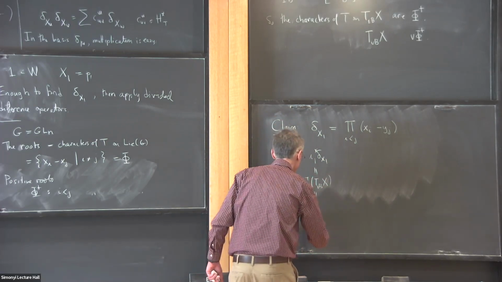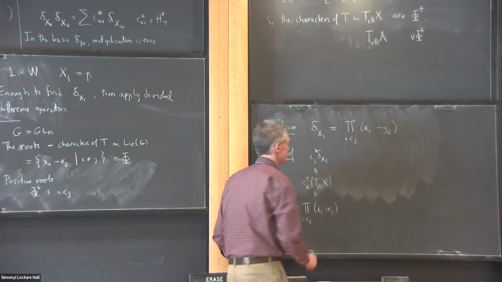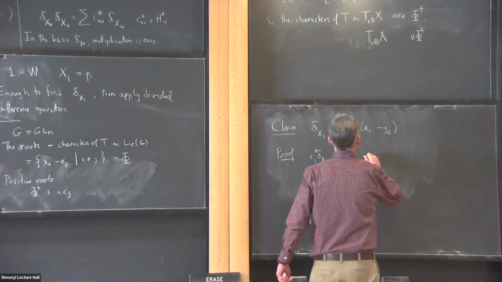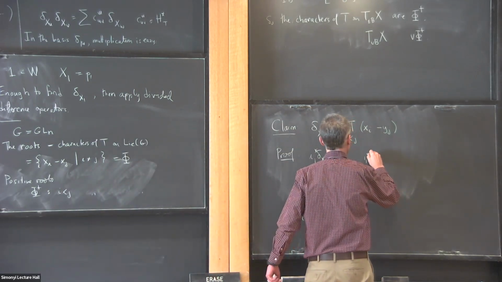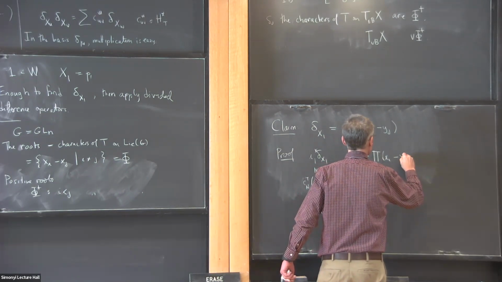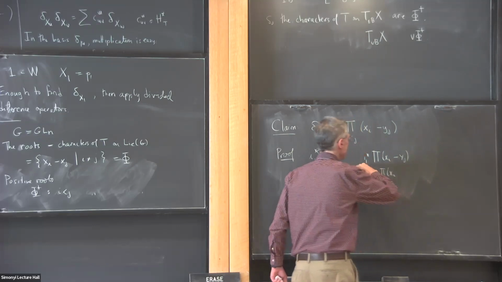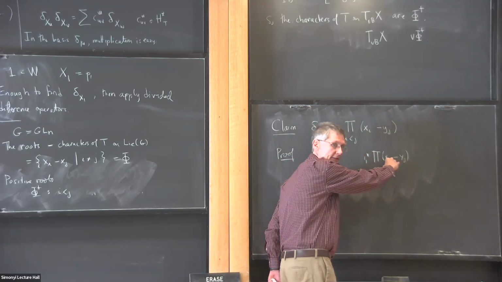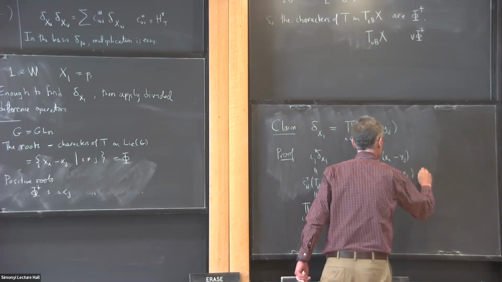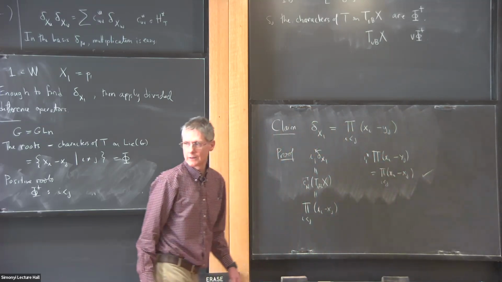So this is just the product over i less than j of xi minus xj. i1 star of the product of xi minus yj is just the product of xi, and then I have to apply the identity permutation to the indices here. That doesn't do anything, so that's xi minus xj. So they're equal.